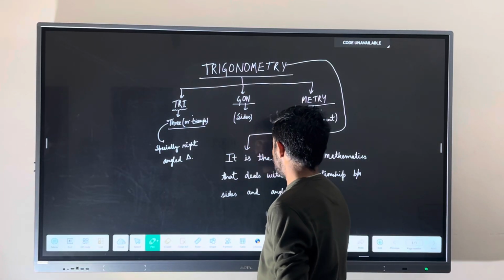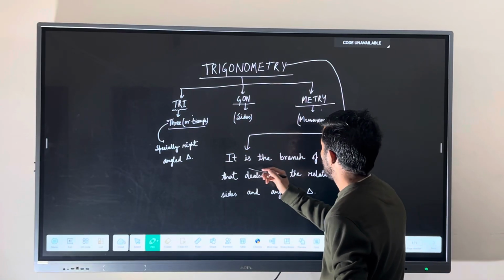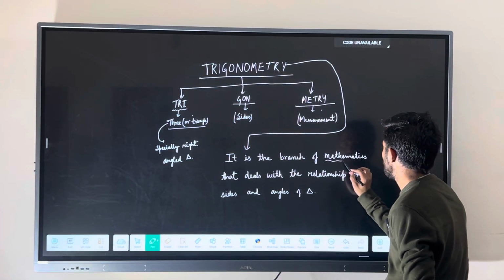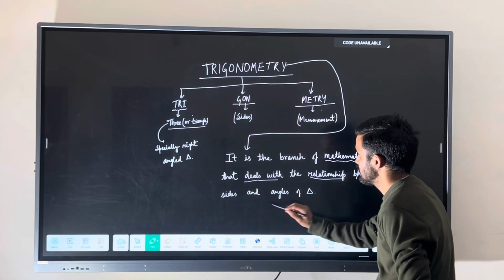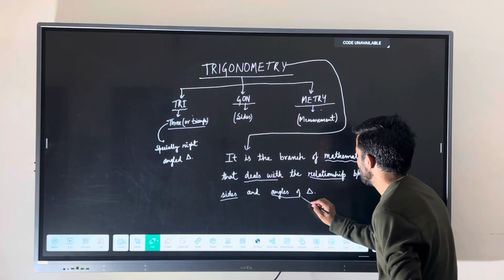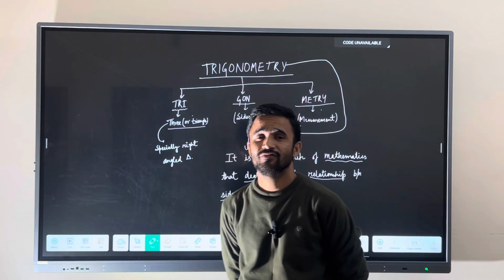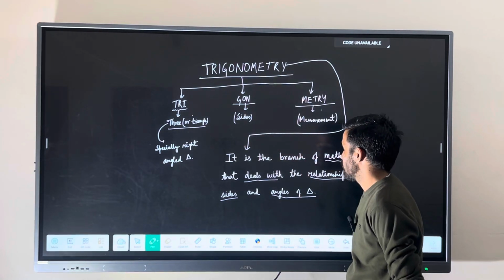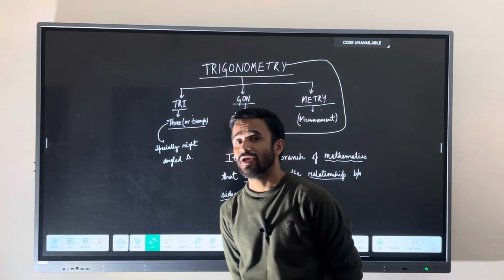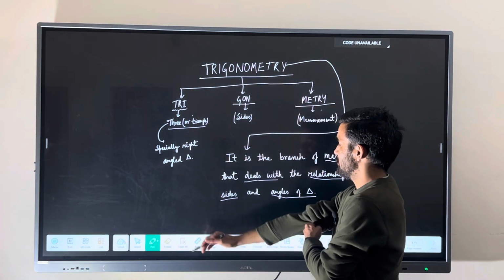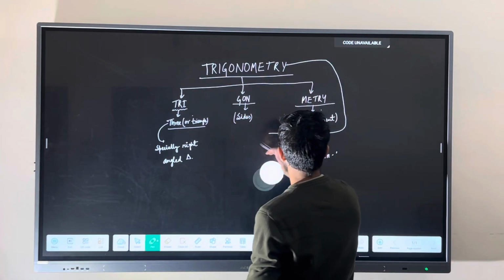As I said, trigonometry is a branch of mathematics that deals with the relationship between the sides and angles of a triangle. So we got a little bit of an idea about trigonometry, that we are going to deal with the relationship of sides and angles. So let's move forward with the lecture.